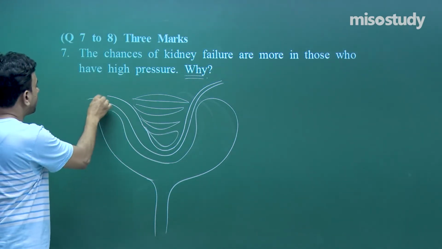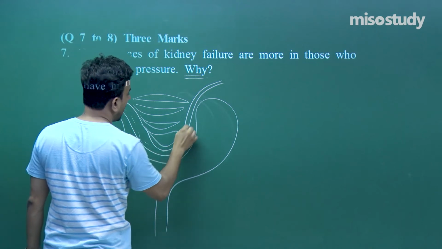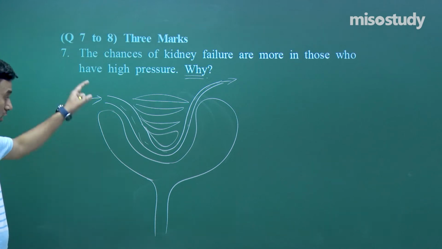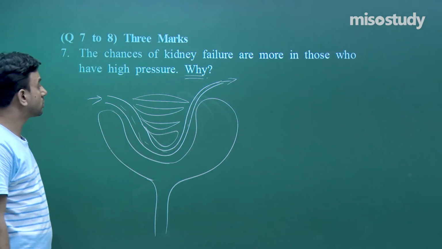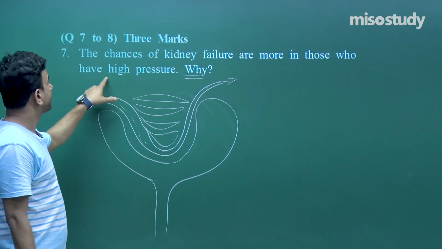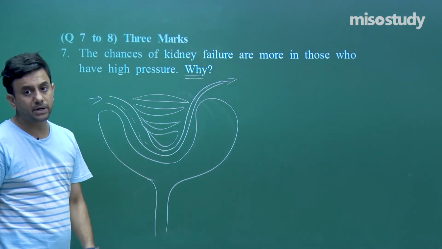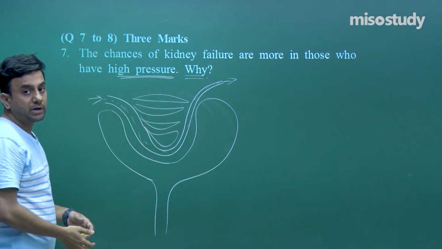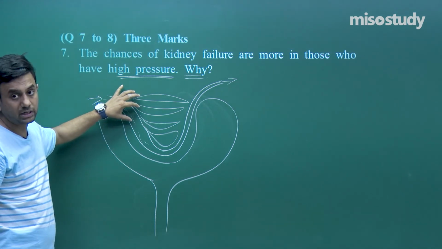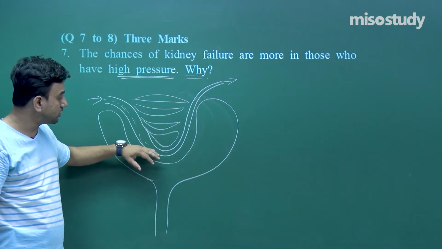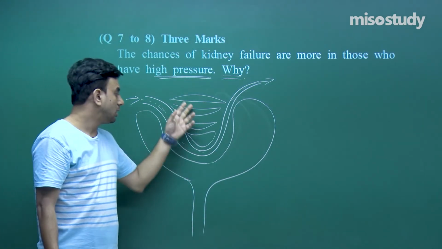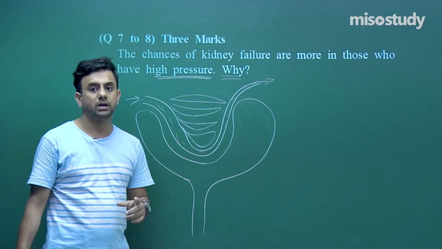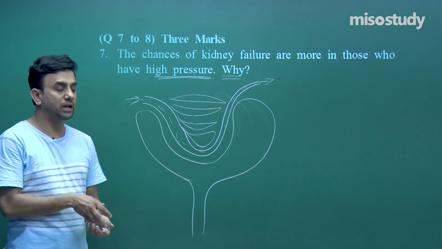The blood flows through and comes out through the efferent arteriole, the exit arteriole. The Bowman's capsule and the glomerular capillaries together are called the Malpighian corpuscle. If there is high blood pressure, the blood will enter the arteriole at a very high pressure, and when it passes through the glomerular capillaries, they tend to get disrupted, and hence there will be kidney failure.